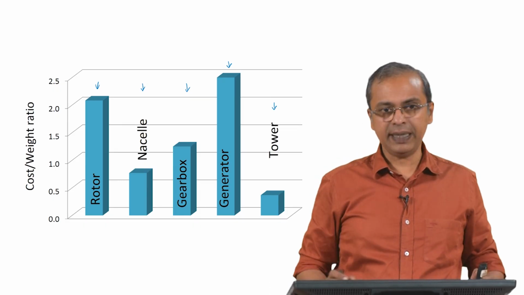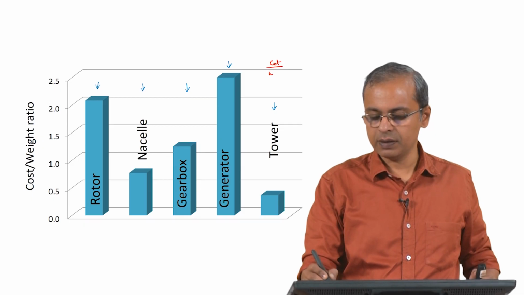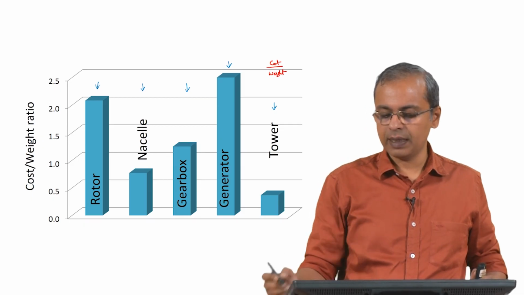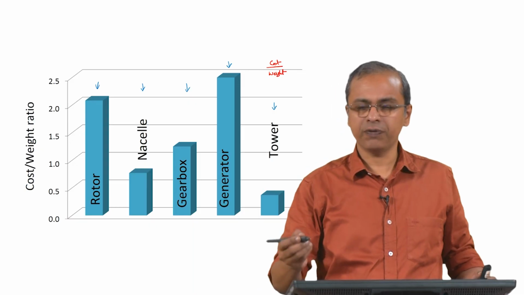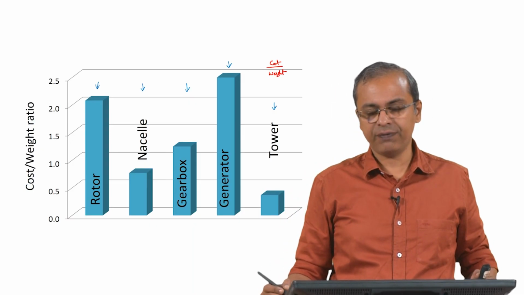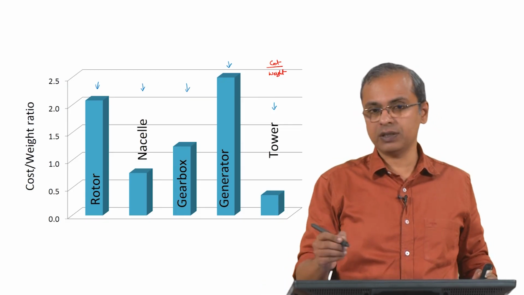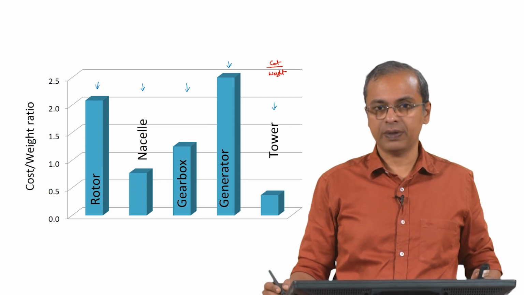So, if you look at cost to weight ratio, that is cost divided by weight, the tower has very high weight. It has some amount of cost, but significantly more weight. So, relatively you have lower cost and higher weight associated with the tower. It does have cost, it is not that it is free or any such thing.